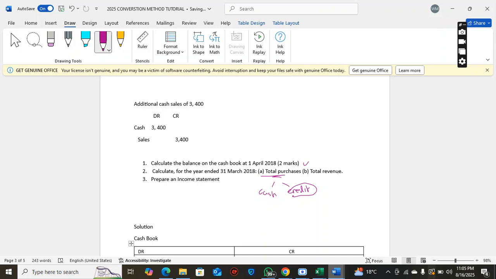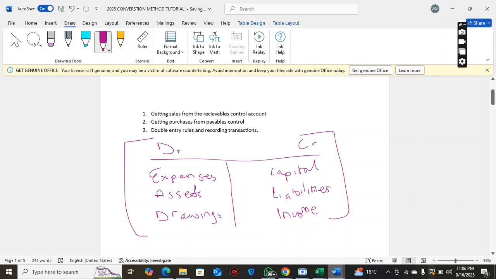The payables control account is a liability account, meaning, according to the double entry rules, liabilities always increase with credit and reduce with debit.